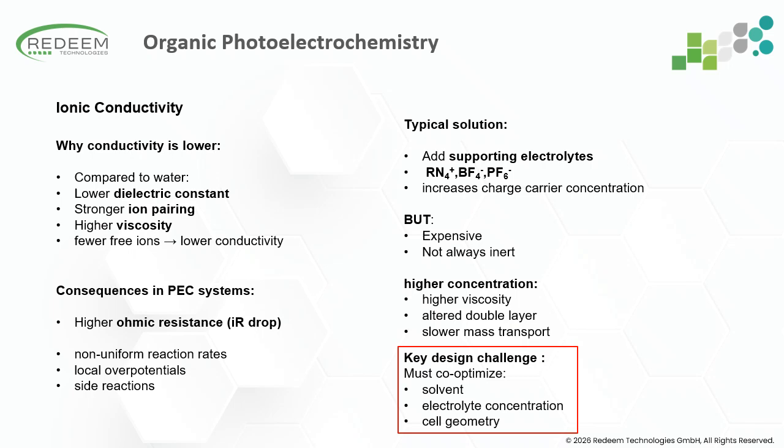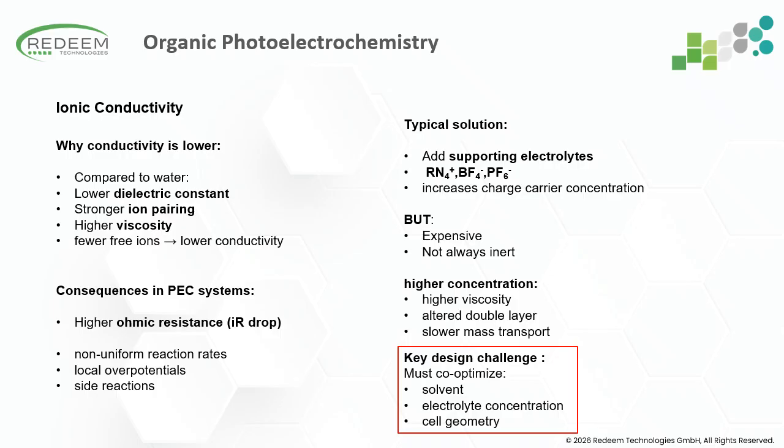An important consequence of the lower dielectric constant is also the much lower ionic conductivity. We have stronger ion pairing, and often higher viscosity, and as a result, fewer ions are available to carry charge in the electrolyte.